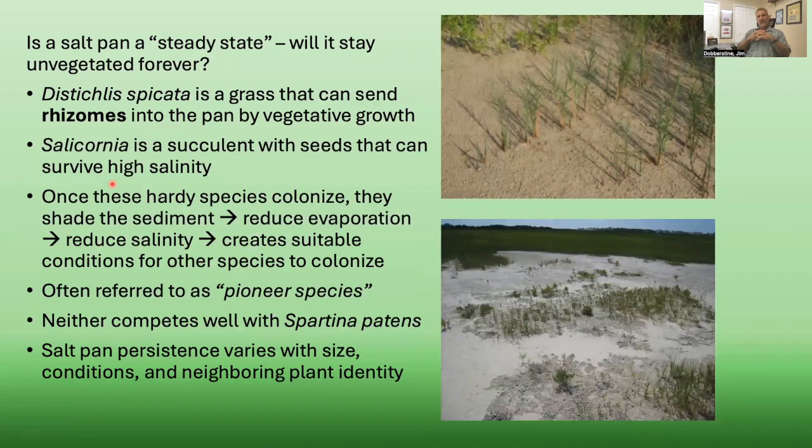Now, there are a few that can tolerate that to some extent. Distichlis spicata is one of those. You saw that in your lab. And what it does is it sends rhizomes, those runners, right? Those roots that can then establish new plants as they travel. They can send those rhizomes out into those salt pans, and so they can colonize them.